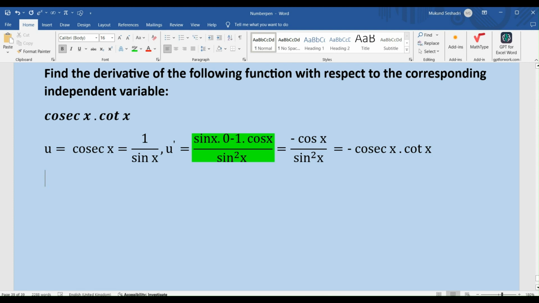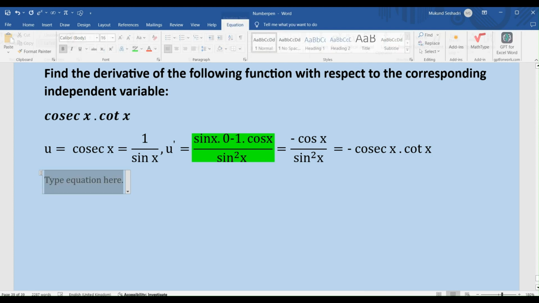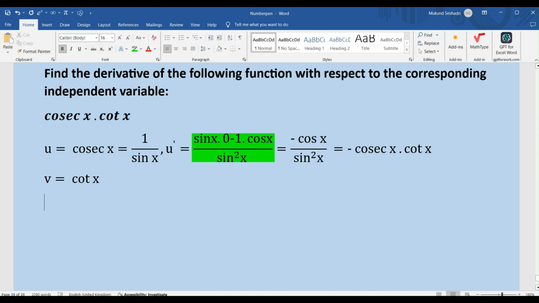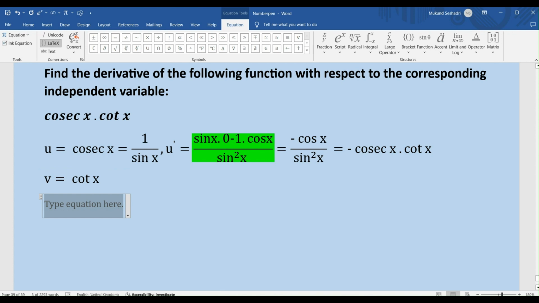So let me call my equation. What is my v? My v is cot x, right? And let's move to the next line. What is my v dashed? My v dashed is nothing but, using first principles, I got to write this out now. I call out my limits.